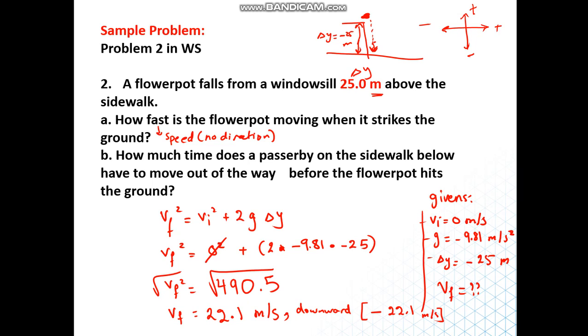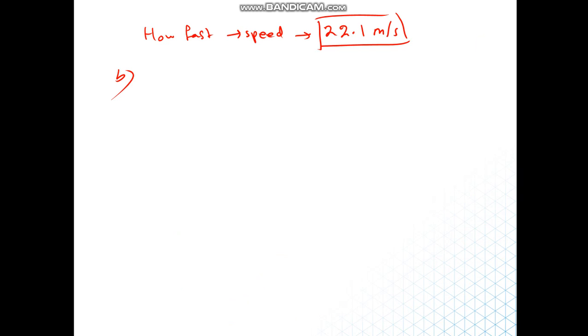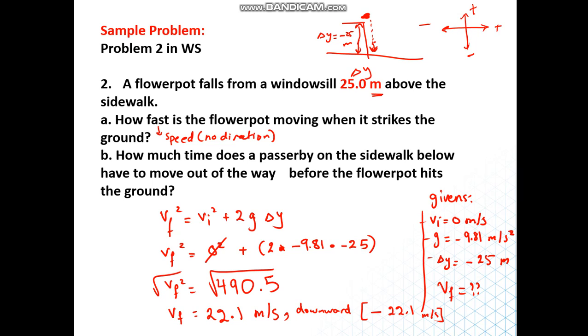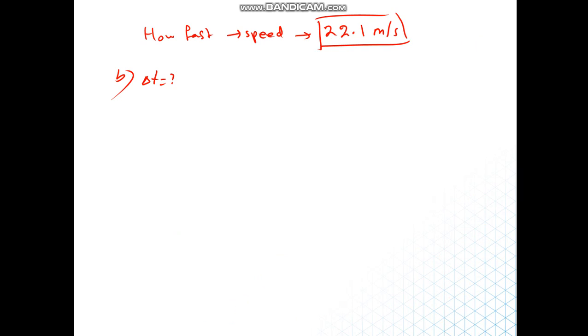Now in part B, they ask how much time does a passerby on the sidewalk below have to move before the flower pot hits. So in part B, I'm asked to find delta t. If you take a look, I have v initial, I have g, I have delta y, and now I have v final as negative 22.1 meters per second. So I can use, for example, the first equation, v final equals v initial plus g delta t.